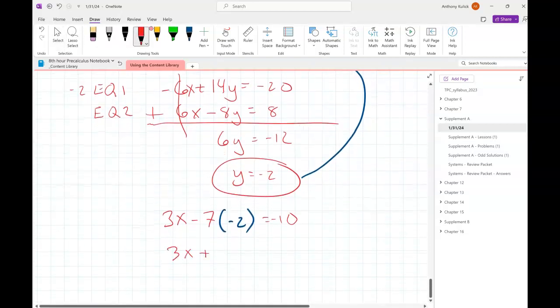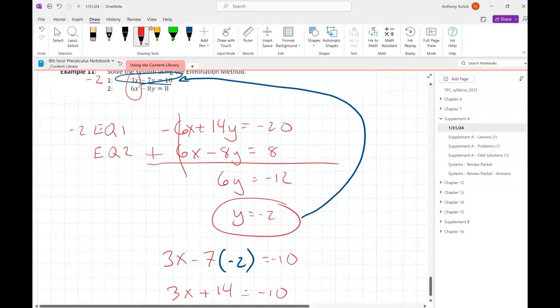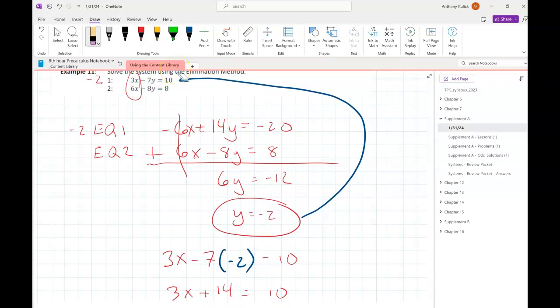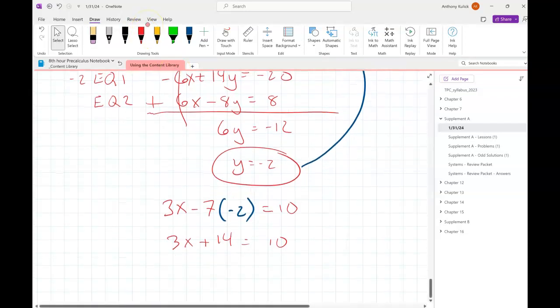So -7 times -2 is 14. Oh, no, that's +10, you dumbo. Sorry. Okay. So 10 minus 14 is -4.